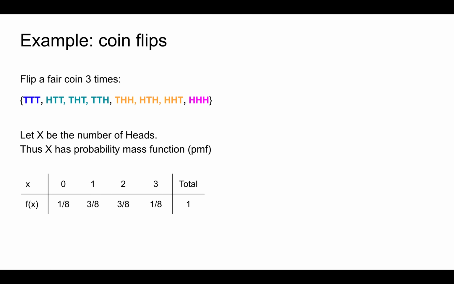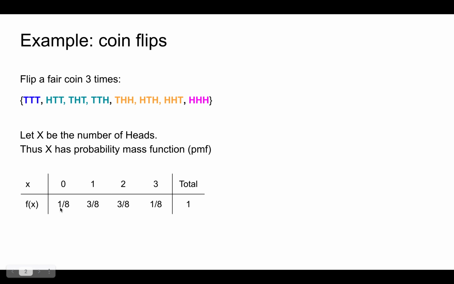Take, for example, the common coin flipping scenario. Suppose we flip a coin 3 times and record x, the number of heads. In this case, x is discrete and can be described by the probability mass function here. As usual, this PMF describes the possible outcomes of x, 0, 1, 2, or 3, and their relative plausibilities.